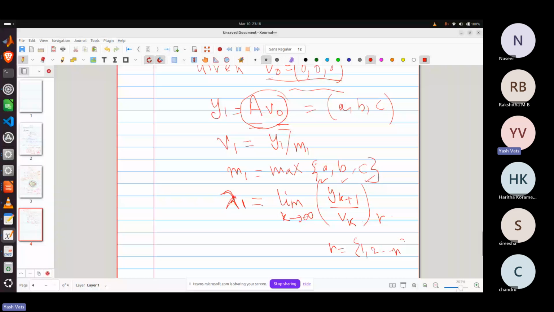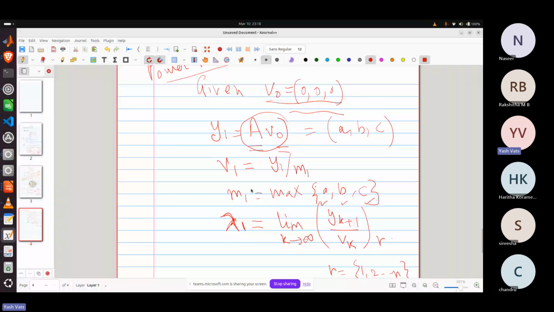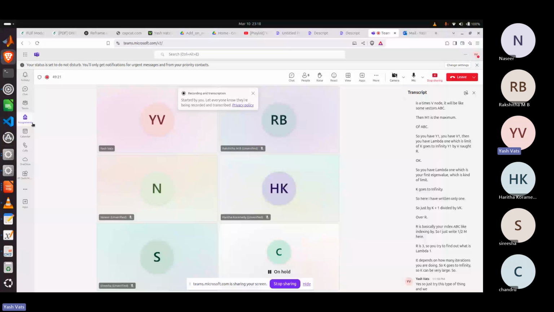Here r is 3. So you try to find out what lambda 1 is. It depends on how many iterations you are doing, so k goes to infinity, and k can be very large. Just try this type of thing and we will discuss one example from there. Is the method clear?